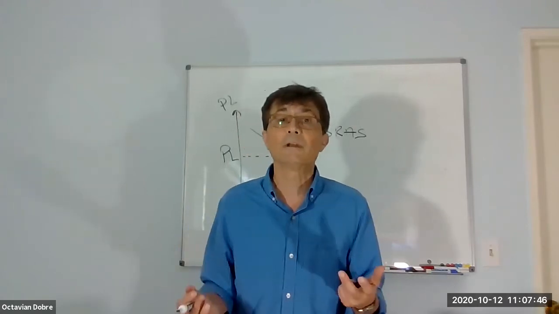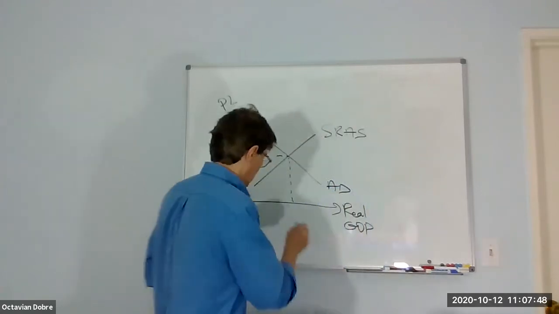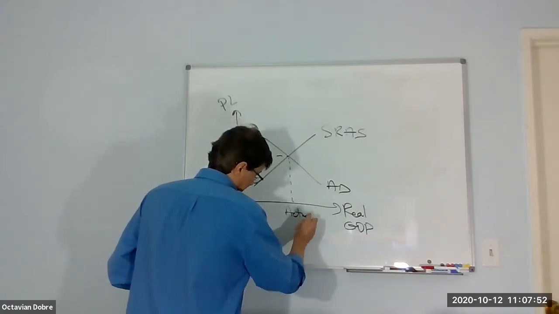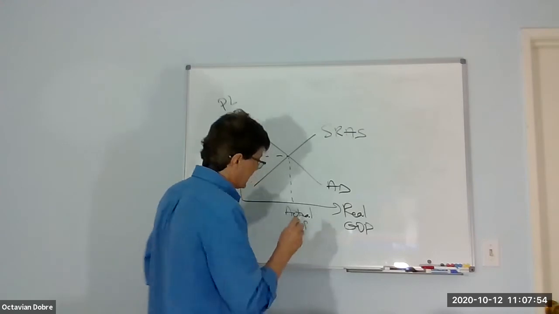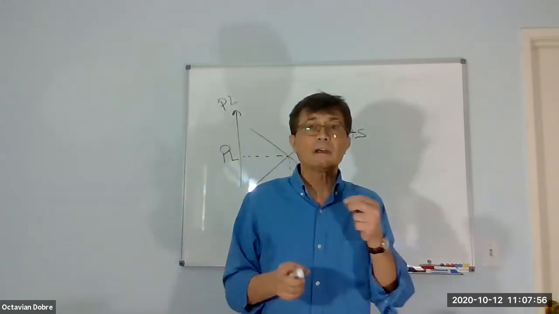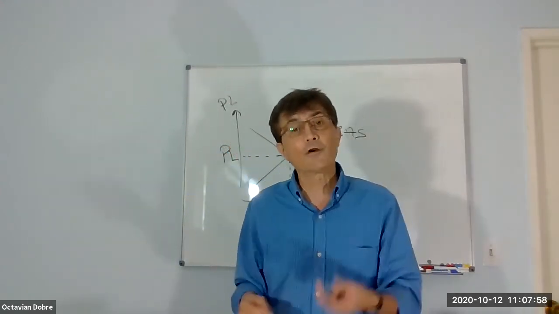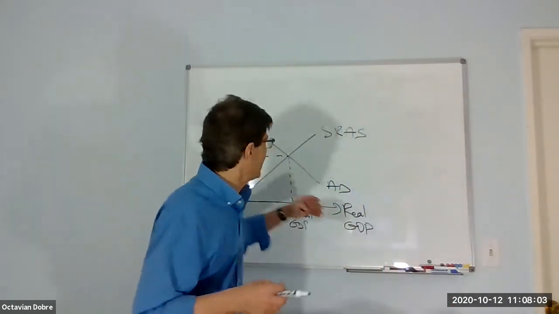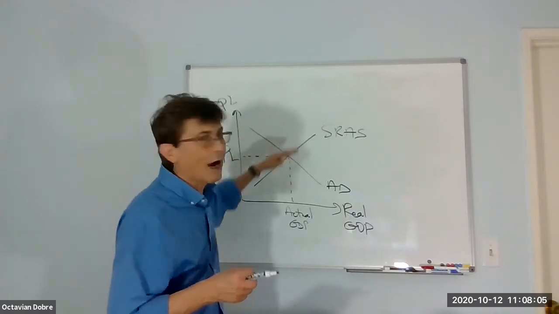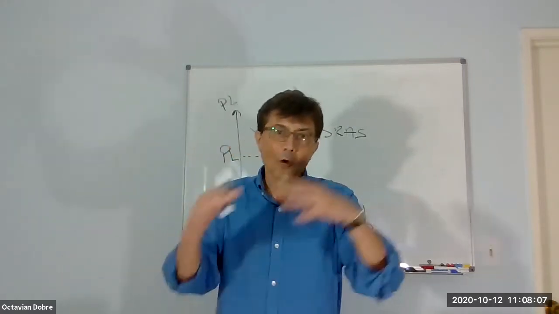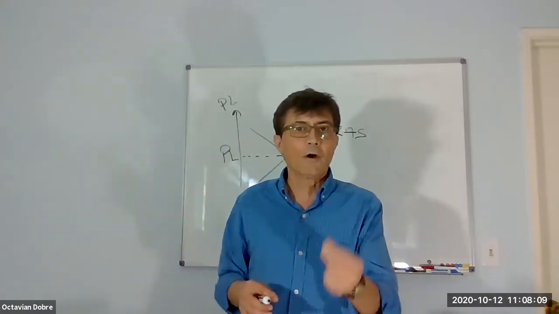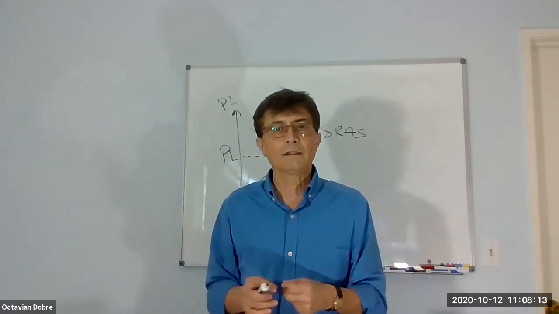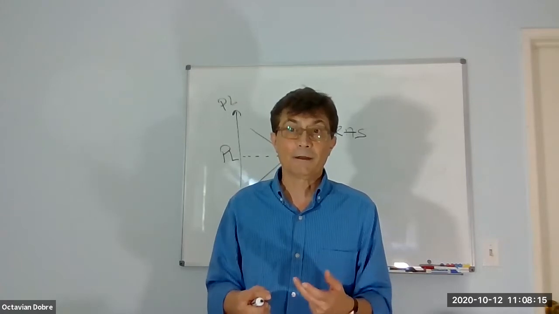So we have an equilibrium. This is the actual GDP. And it's an equilibrium GDP because quantity demanded of all goods and services is equal to quantity supplied of all goods and services. Any other price level would lead to either a surplus or a shortage. So the only place where we have an equilibrium is at the price where quantity supplied equals quantity demanded.